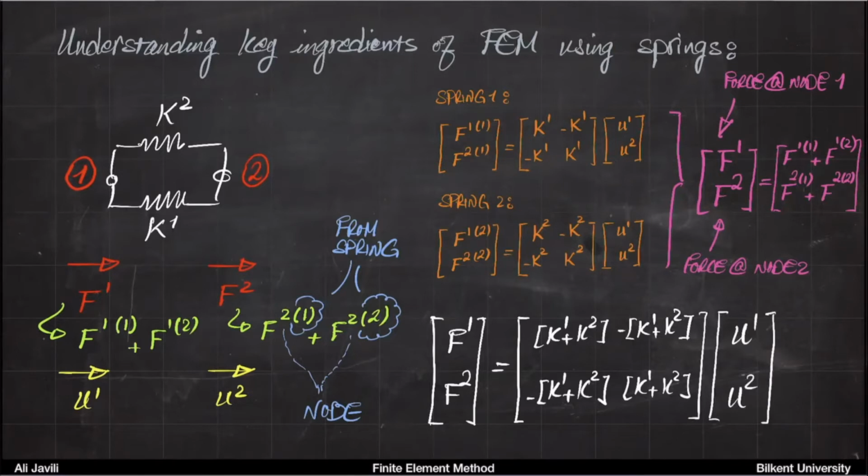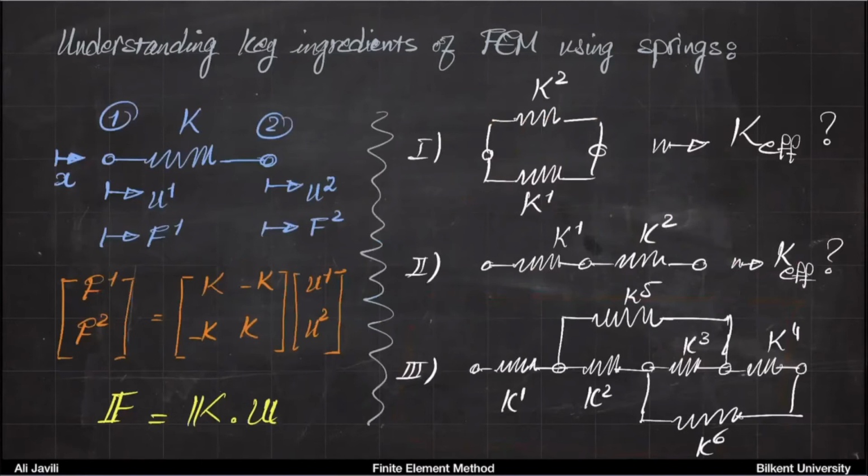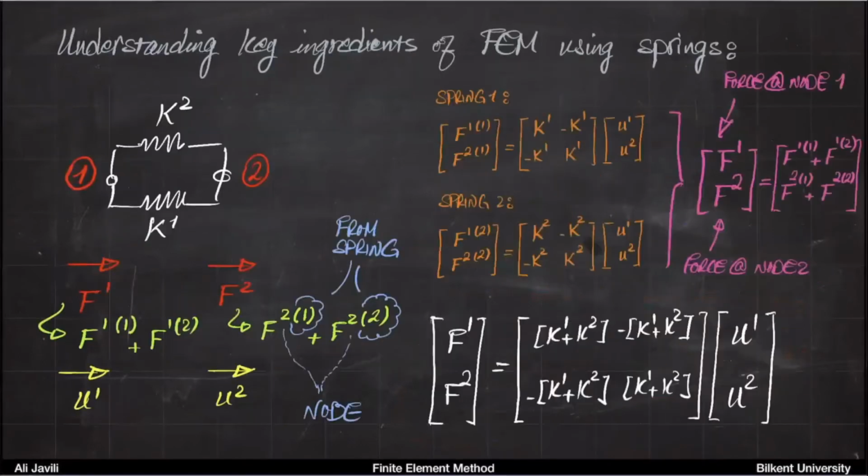Okay, so now if you compare this system with the system that we had previously, or the one that I mentioned at the beginning of the course, it's exactly the same structure, except that what you have here is slightly more involved, and that is your effective stiffness.